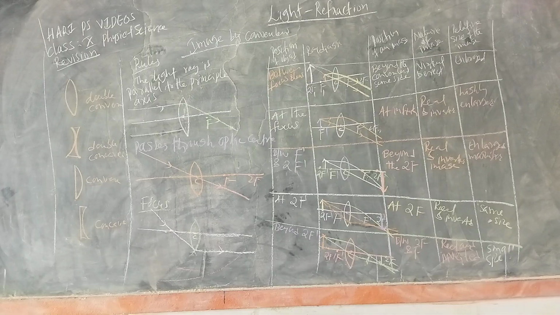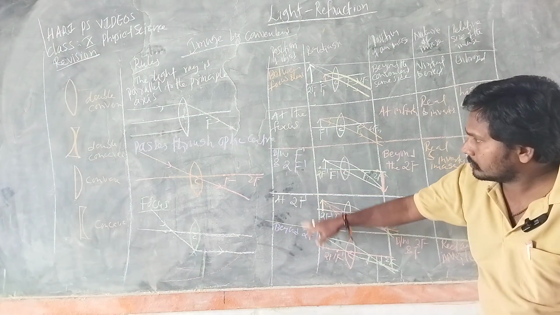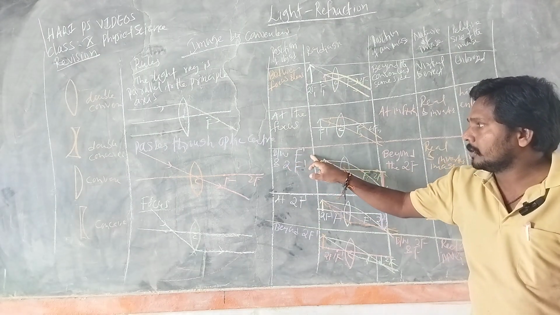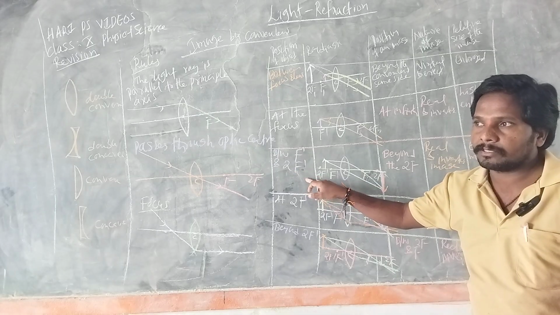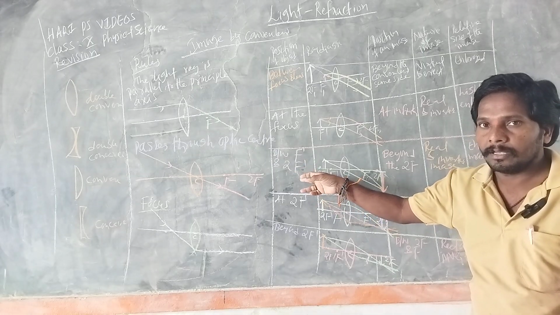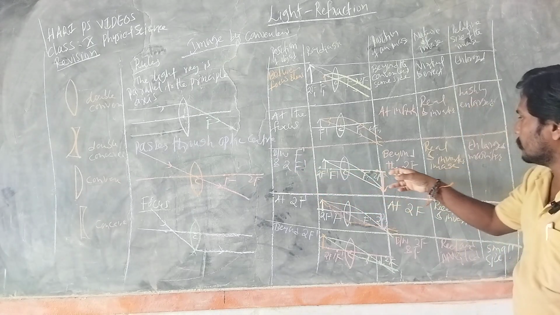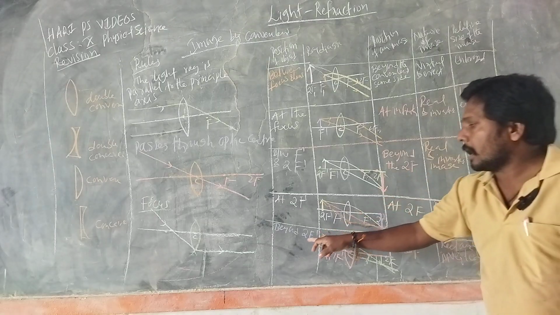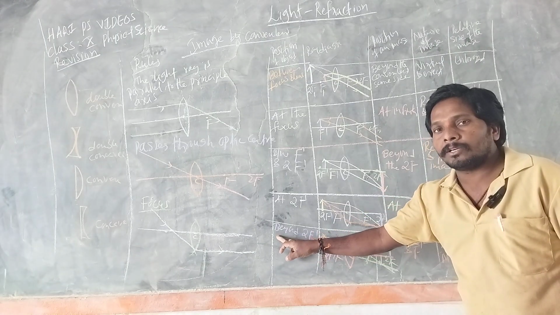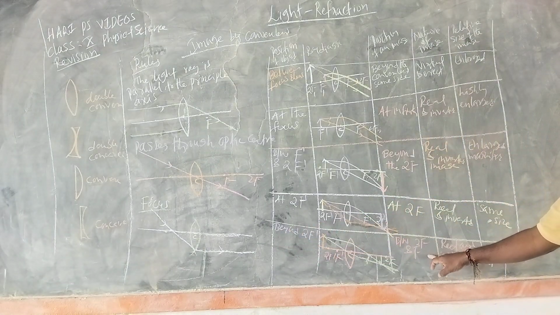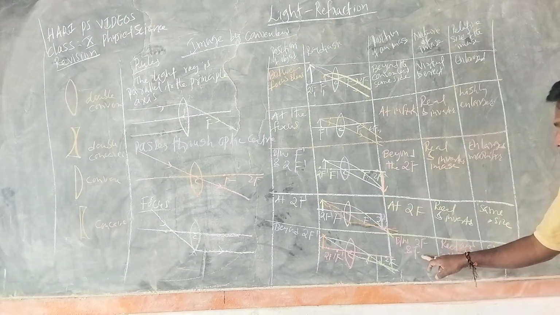Let's see. If the object is placed between f' and 2f', the image is formed behind the 2f. If the object is placed behind the 2f, the image is formed between 2f and f.